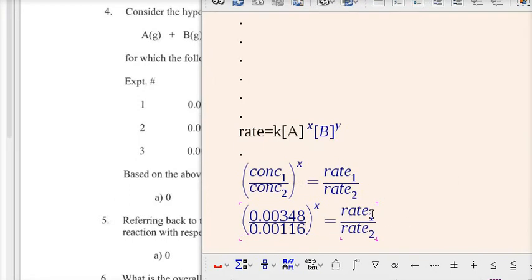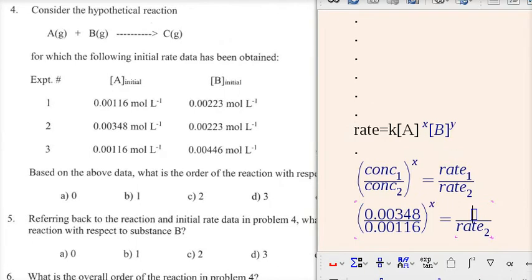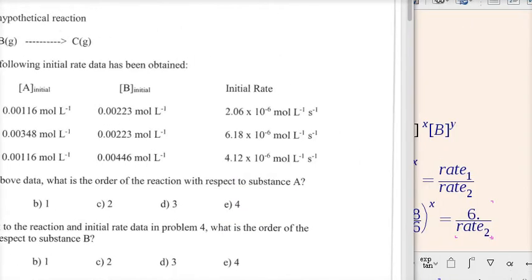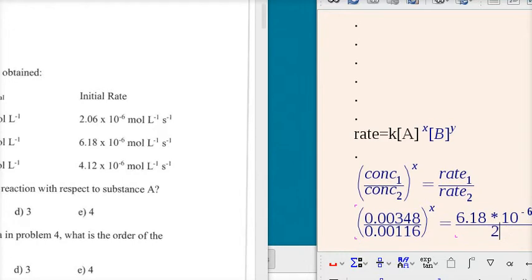So over on the right side, got to be consistent. 6.18 times 10 to the power negative 6, 2.006.